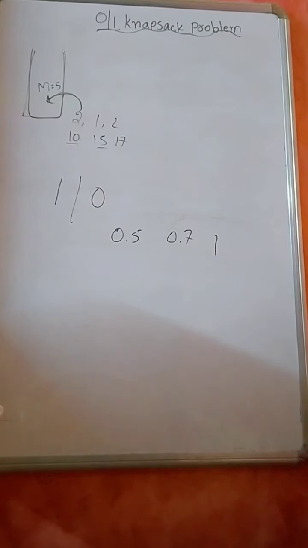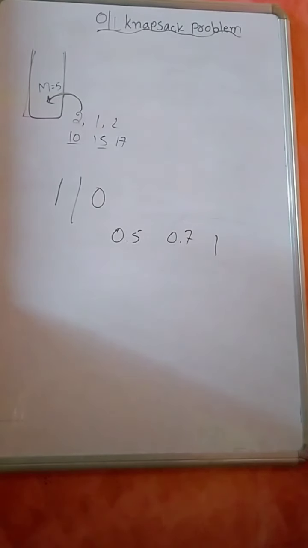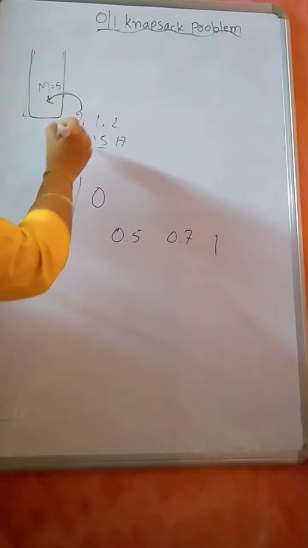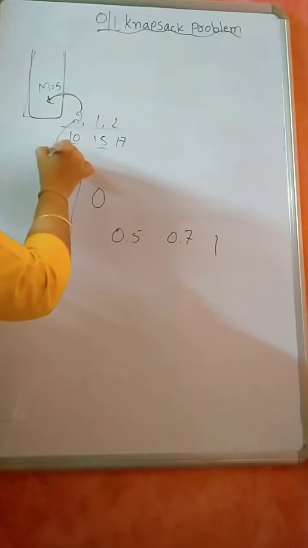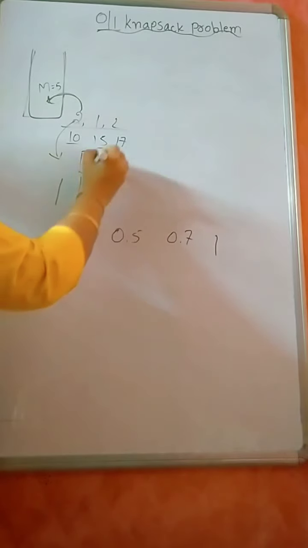One more thing: the 0-1 knapsack problem uses the concept of dynamic programming, whereas the fractional knapsack uses the greedy technique. All of you know the difference between the greedy technique and the dynamic programming technique. In dynamic programming, we take one problem at a time. Suppose I have 3 objects: first I take one object, solve the problem, and store its result in a table.